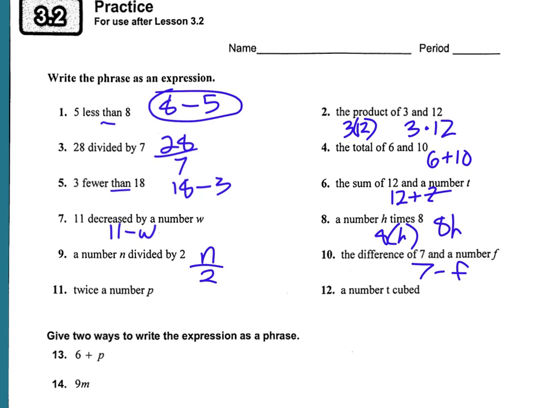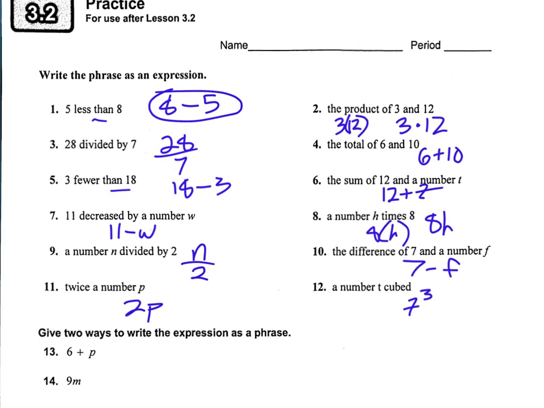Twice a number p. 2 times the variable p. A number t cubed. Okay, so we have this t, and it's being cubed, and that means to the third power. So, yeah, we don't get into a whole lot of exponents yet, but eventually you'll need to know what cubed and squared and other things mean.